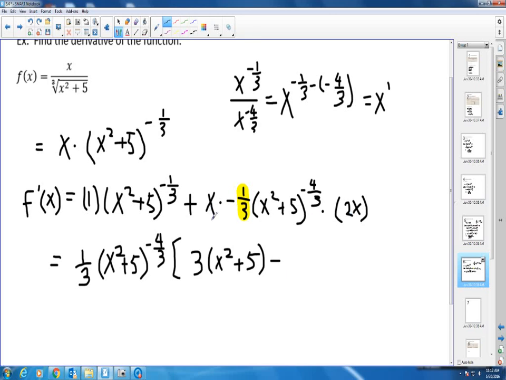Alright, the 2x times x, 2x times x, two x squared. This entire thing moved to the outside, so this whole term has become x times 2x, which is 2x squared here.